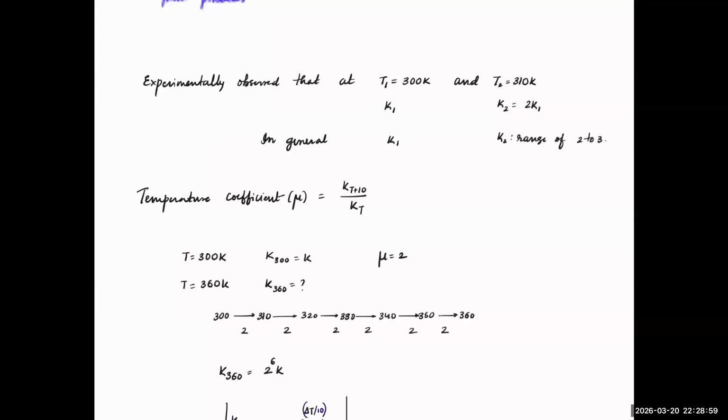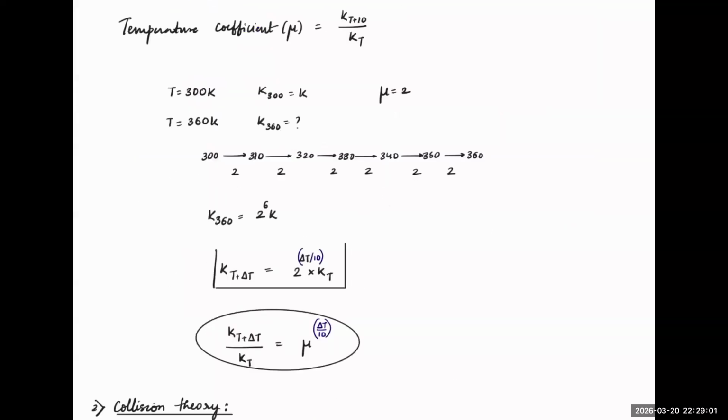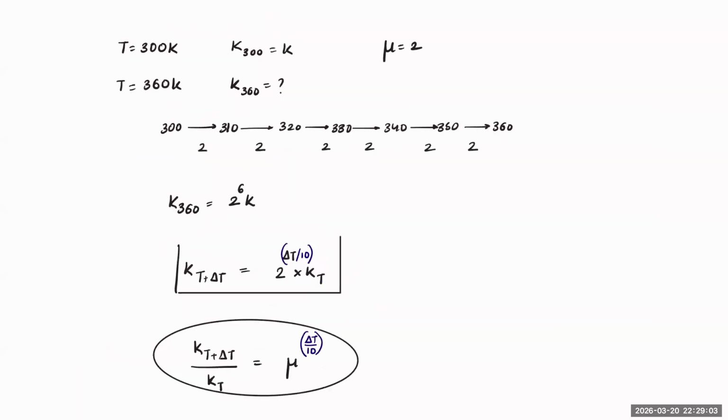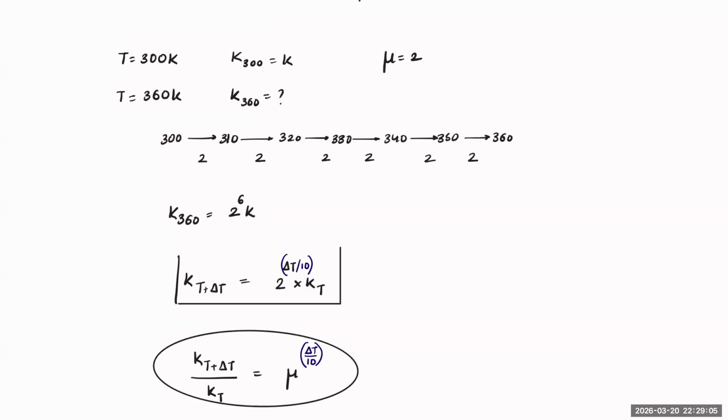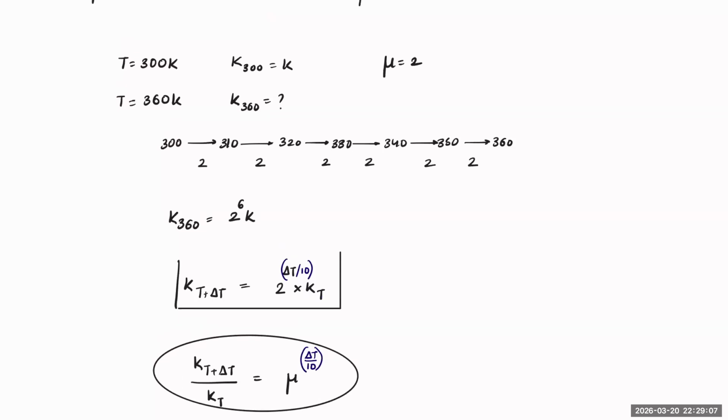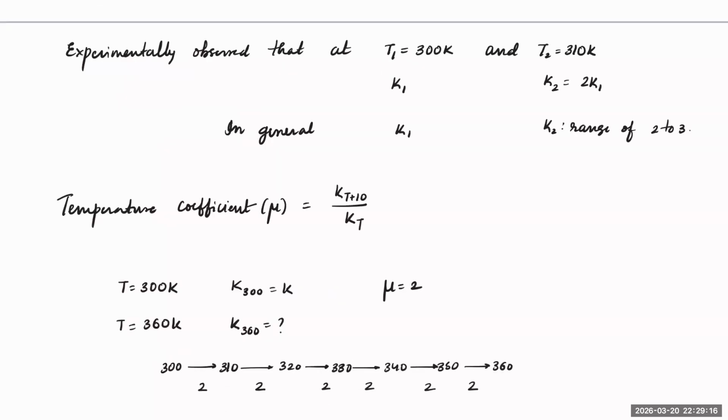Clear? I hope all of you understood how the temperature coefficient influence is observed. This is how much has been given in NCERT. Everybody clear? So for today, we'll stop here.